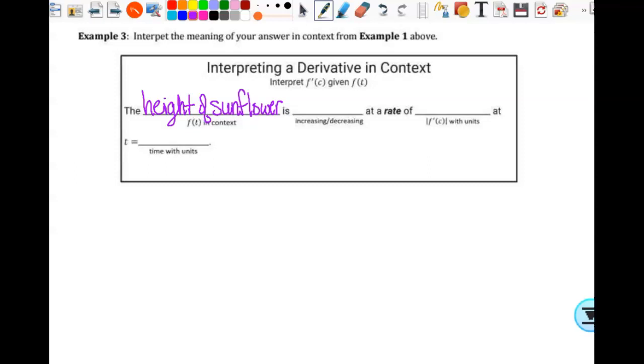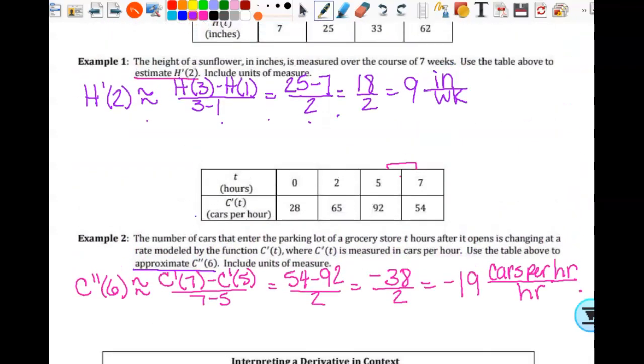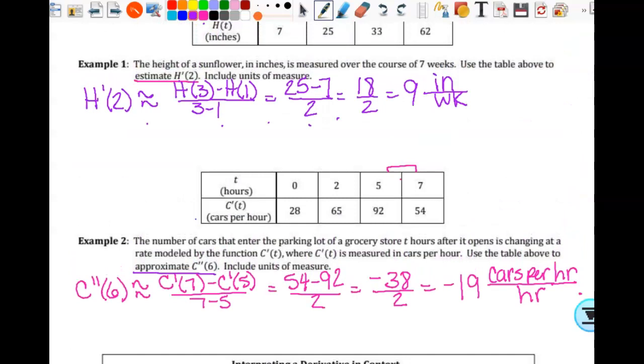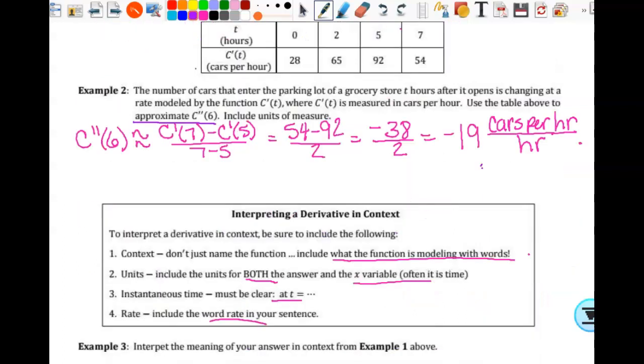Okay, is the height increasing or decreasing? Increasing, and how do you know? Because it's positive, right? What's happening to the rate in example 2? Is it increasing or decreasing? Decreasing, because it's negative, right? So I know that it's increasing because it's positive.